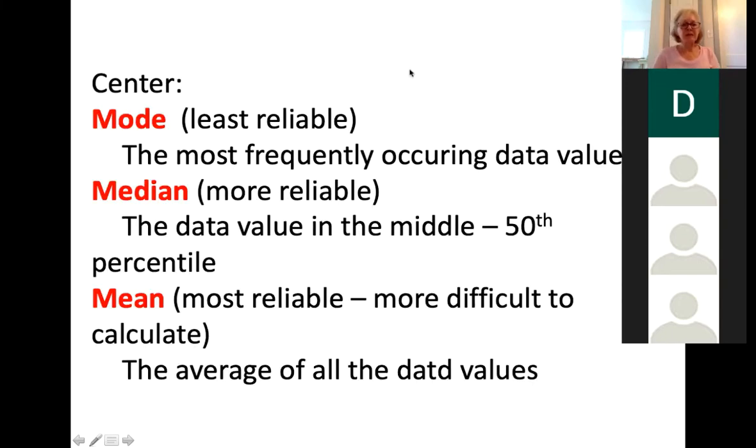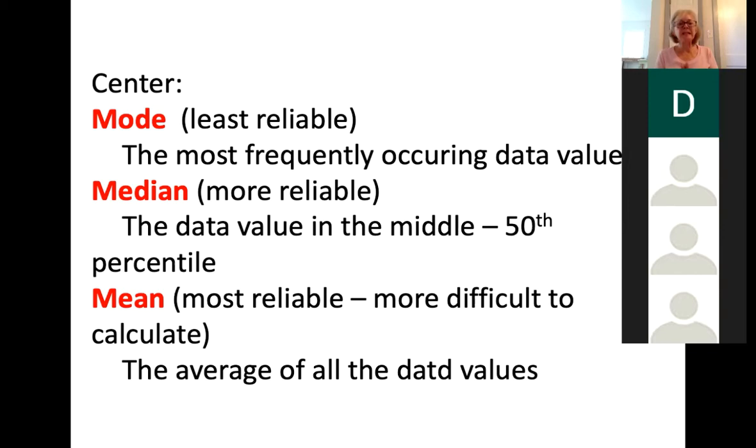When you're summarizing numerical data, you summarize it by numbers and by graphs. The numbers fall into two categories. You're either interested in where is the center, where is most of the data. There are 3 ways that we measure the center.